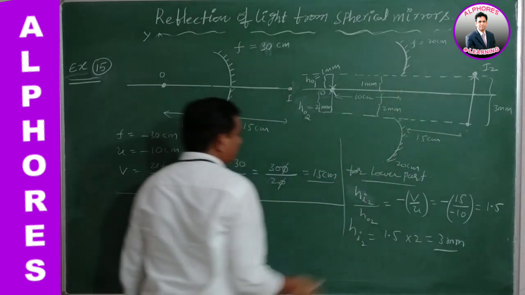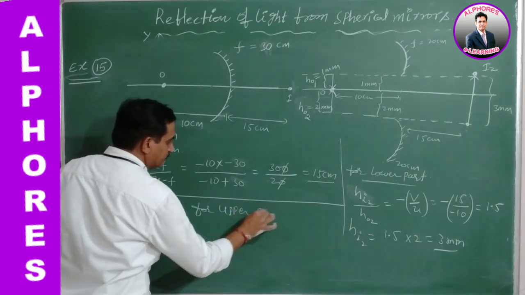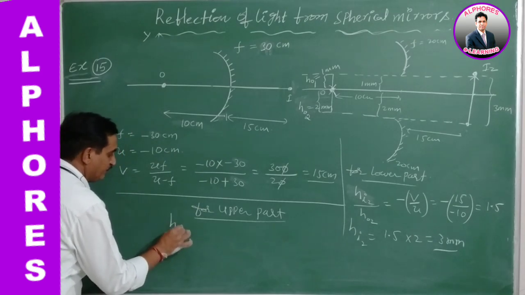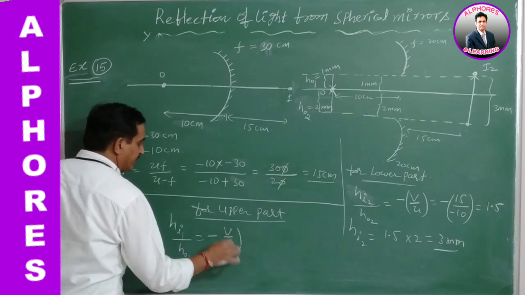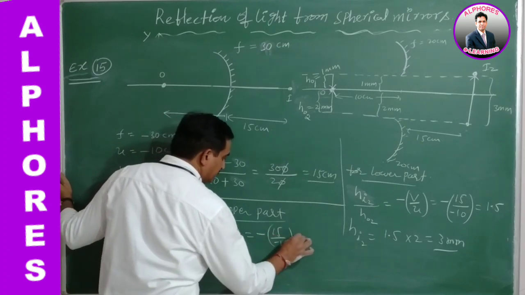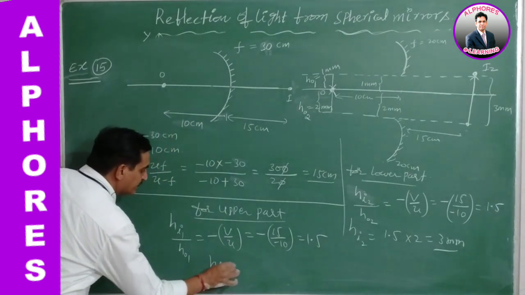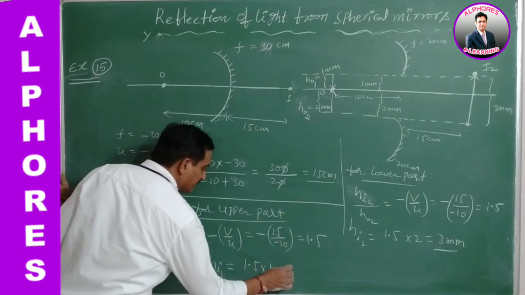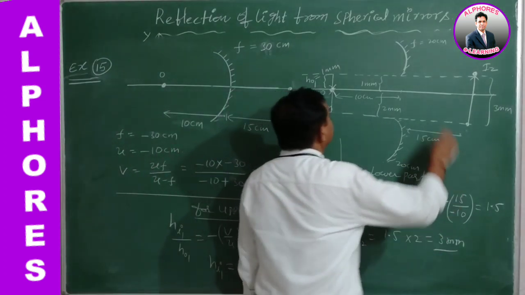Second part, that is the upper part. For the upper part, hi1 by ho1 is equal to minus v by u. Again, substituting 15 by minus 10, we get 1.5. So hi1 is 1.5 times 1 millimeter, that is 1.5 millimeters.